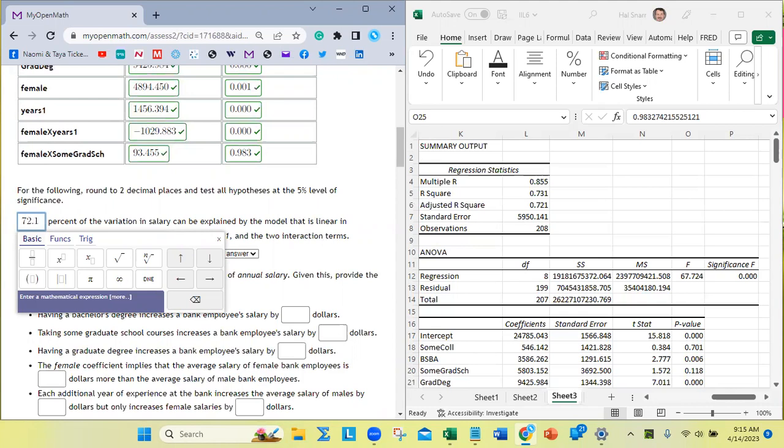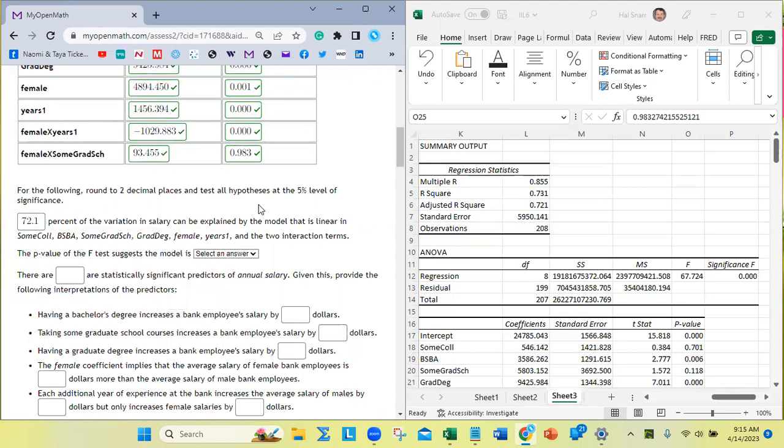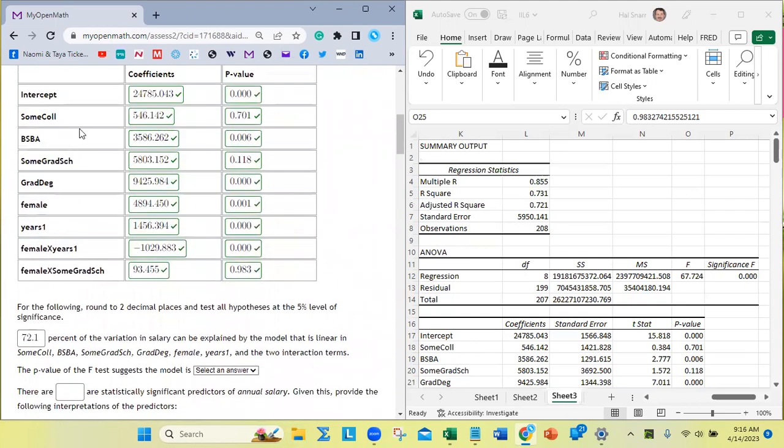The adjusted R square says, or implies, 72.1% of the variation in salary can be explained by the model that is linear in some college, BSBA, some graduate school, grad degree, female, years at the bank, and then the two interaction terms, right?